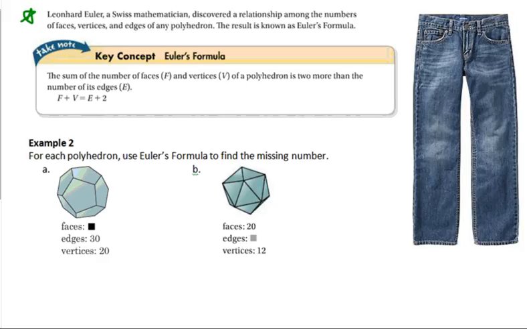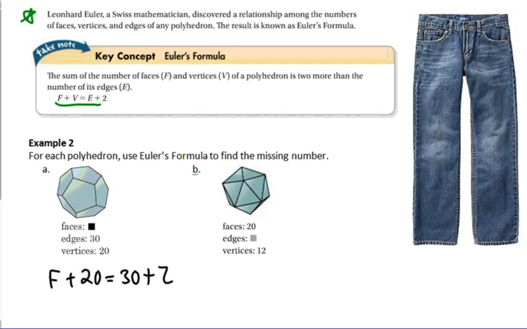So even if you can't see the whole polyhedron here, you don't have to count all the faces. We're going to use the formula to find the missing number. Faces we don't know, so we're going to say F. Faces plus vertices, F plus 20, would be equal to the number of edges plus 2.